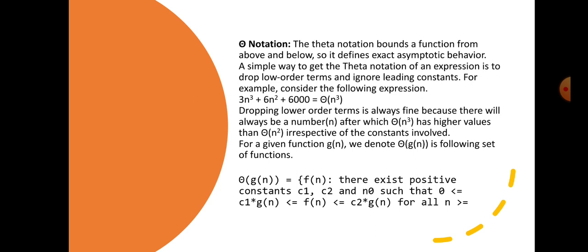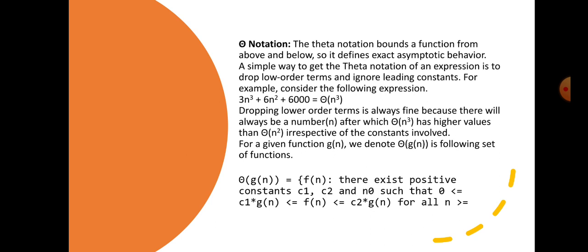For example, consider the following expression: 3n cube plus 6n square plus 6000 equals theta of n power 3. Dropping lower order terms is always fine because there will always be a number n after which n cube has higher values than n square, irrespective of the constants involved.